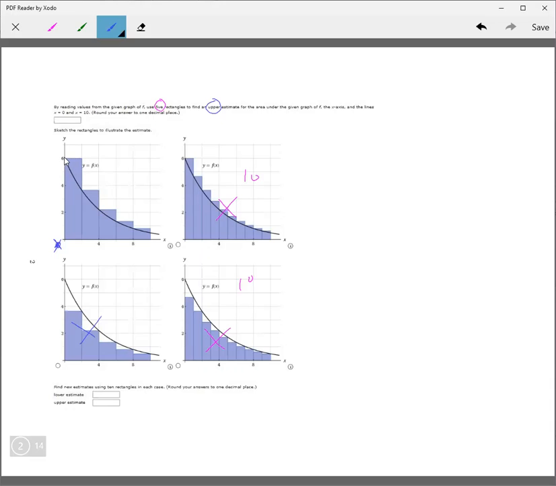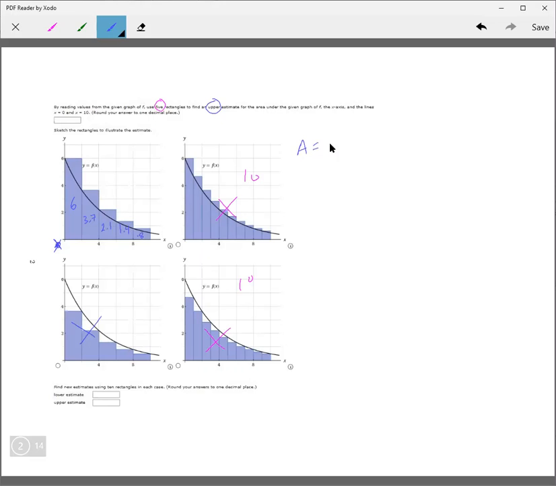This looks like about 6, and the rest are just the values from last time: 3.7, 2.1, 1.4, and 0.8.